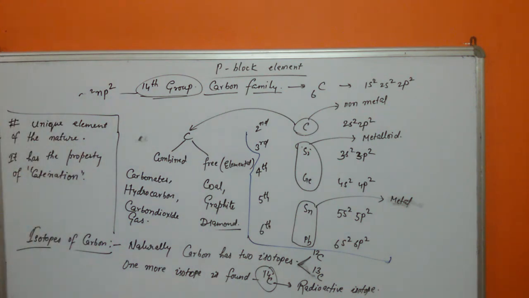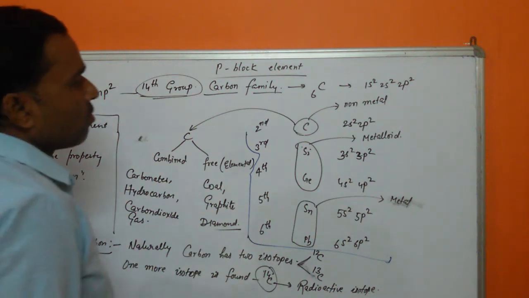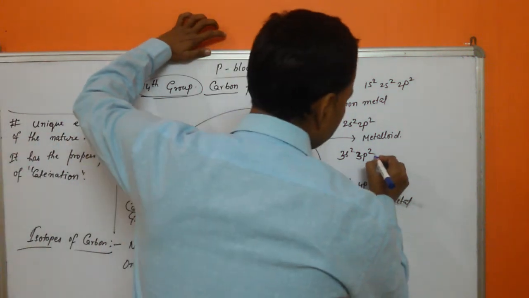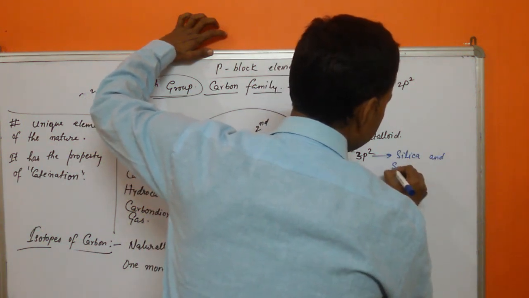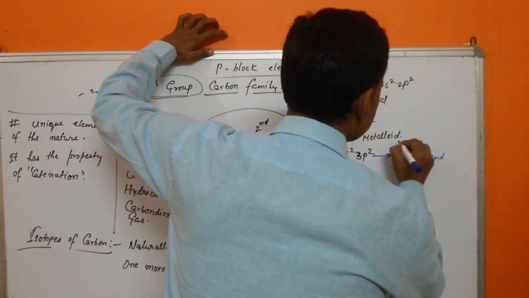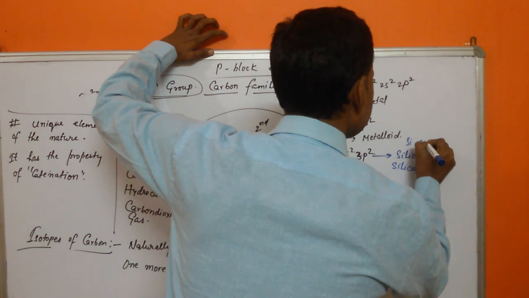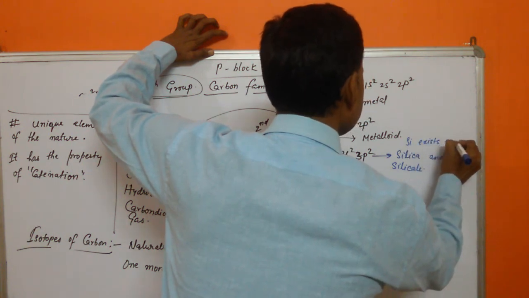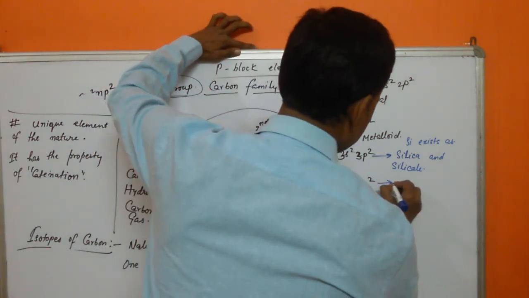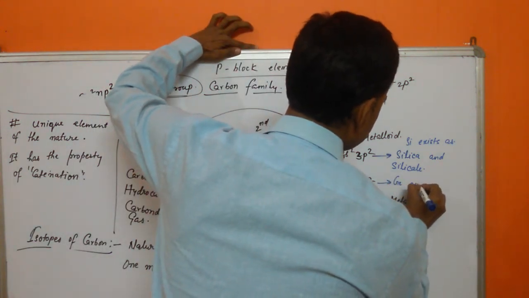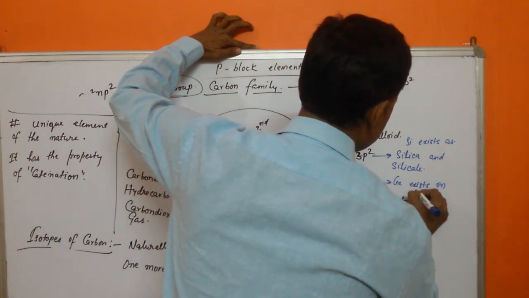Silicon exists as silica and silicate, whereas germanium exists in traces.